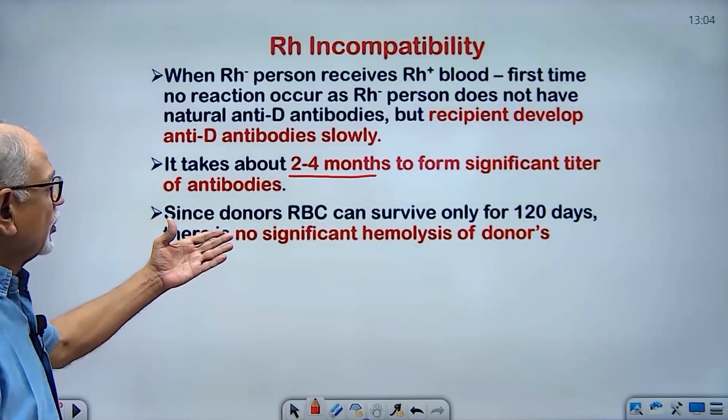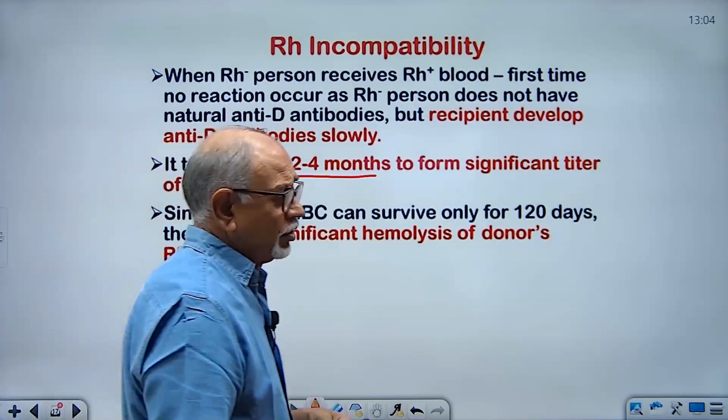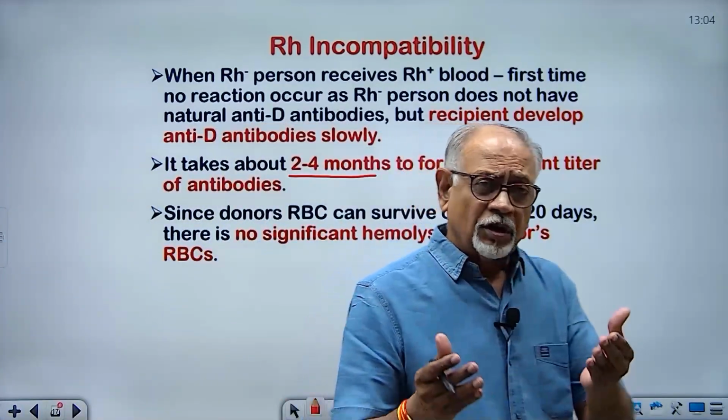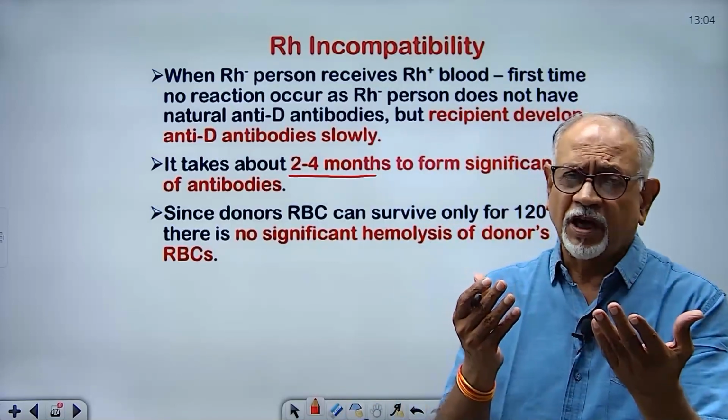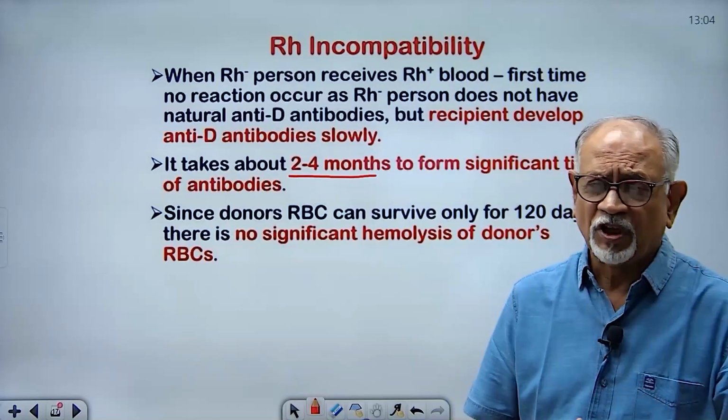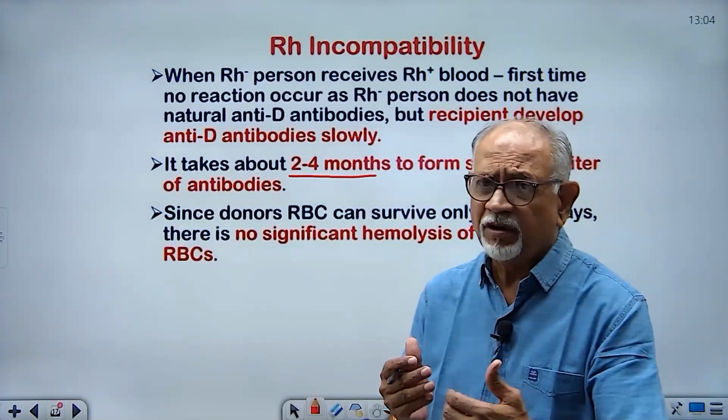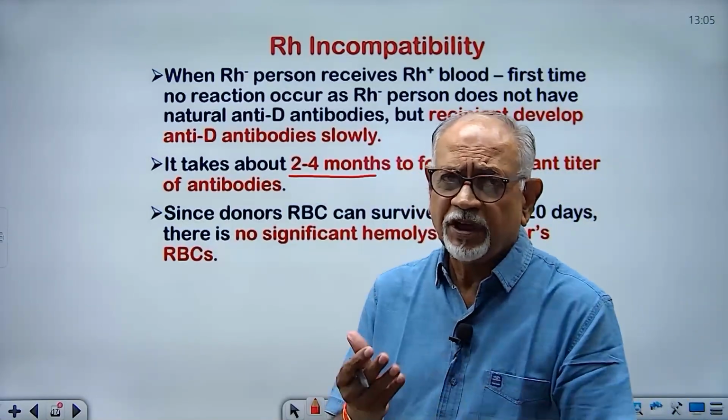Since the donor's RBCs, you know, RBCs come from the donor, they have Rh antigen. So, if the recipient develops antibody, there can be a reaction.